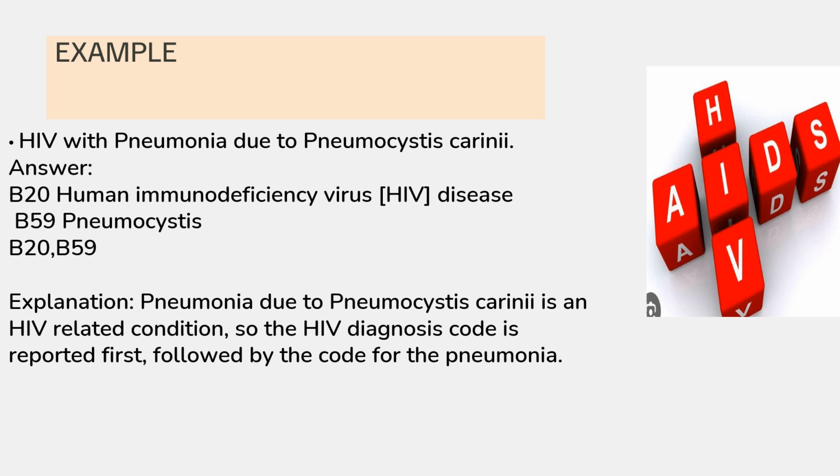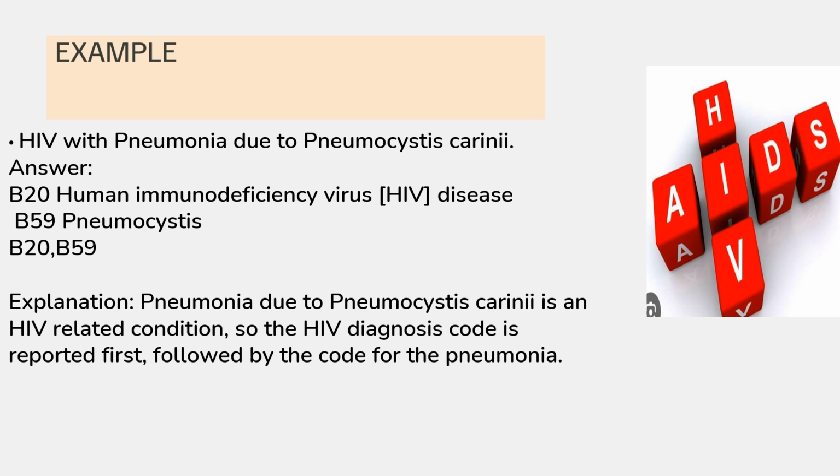An HIV patient has come today with pneumonia due to Pneumocystis carinii. So how will I code this visit? I will write B20 first, followed by B59. Now, why? Because the pneumonia due to Pneumocystis carinii is an HIV related condition.